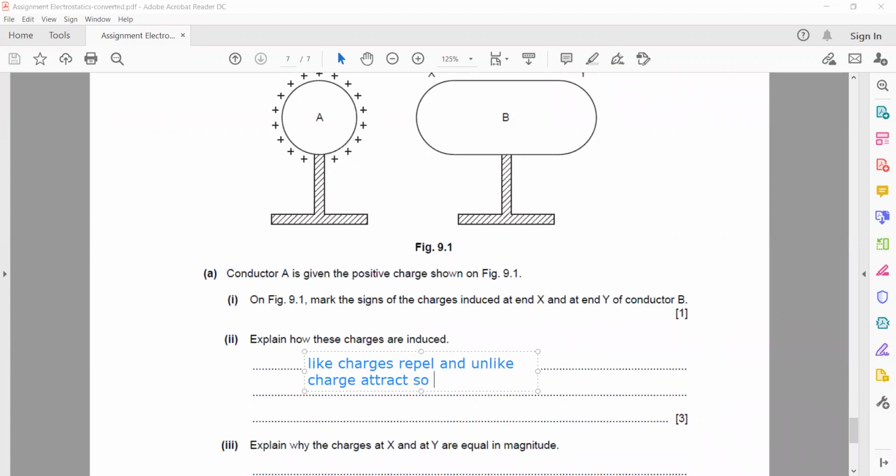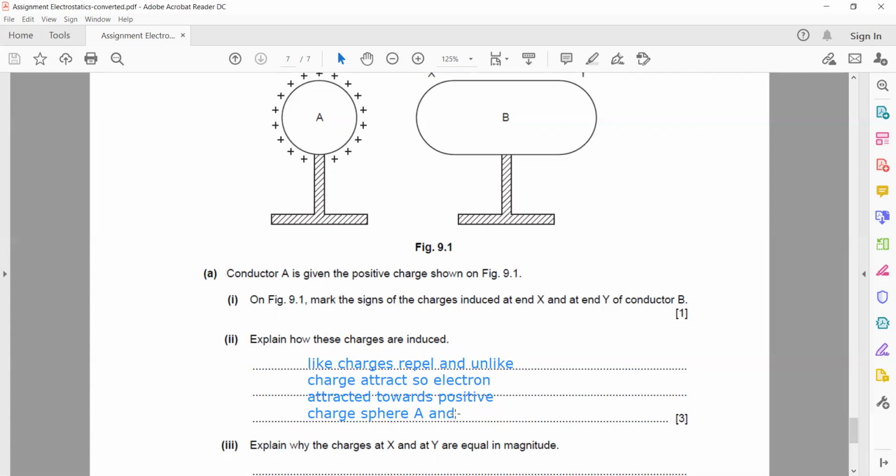So electrons are attracted towards the positive charge sphere A. Positive charges on A attract the electrons, and unlike charges attract and like charges repel.